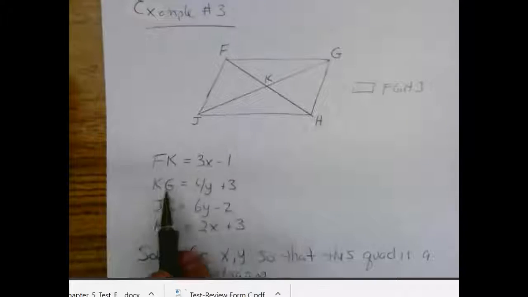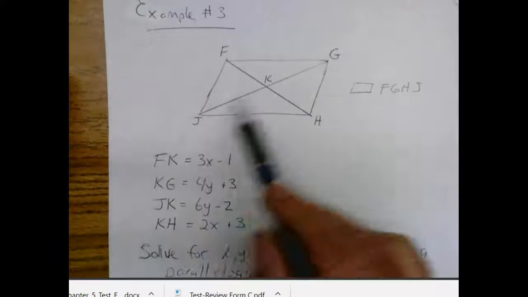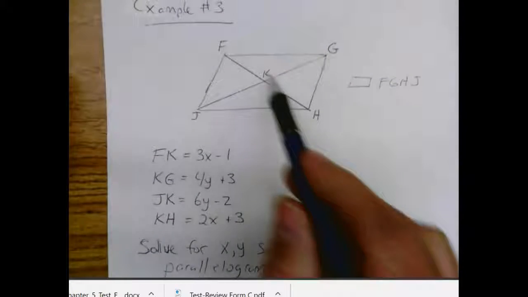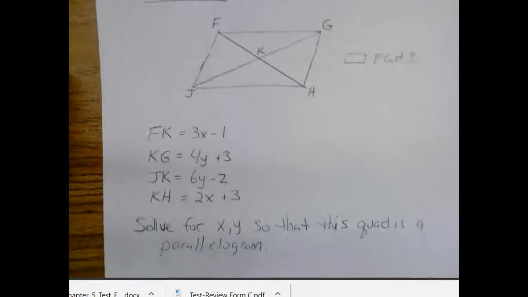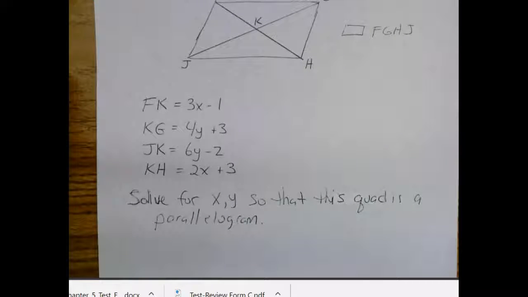KG, this one right here, is equal to 4y plus 3. JK, which is right here, is equal to 6y minus 2. And KH is 2x plus 3. In the question, it's going to say solve this so that this quadrilateral is a parallelogram.